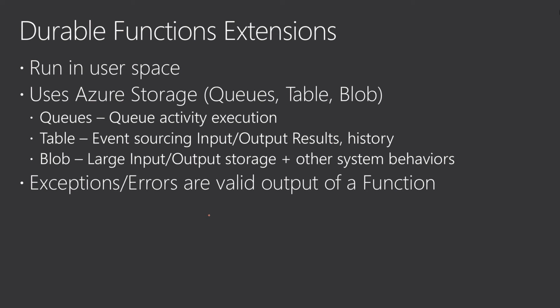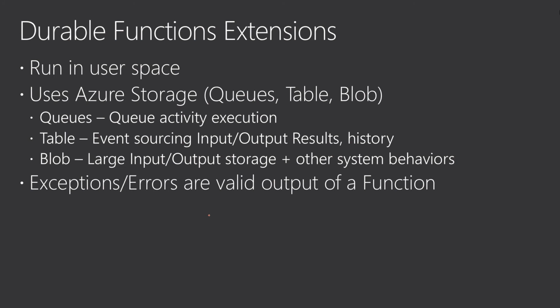The tables will be for your event sourcing, input, output, result, the history, what orchestrator was started, all this is stored there. And for blobs, every time you have an input or an output that is too large, that would explode the amount of space that you have available in the table, we will put it in the blob instead.